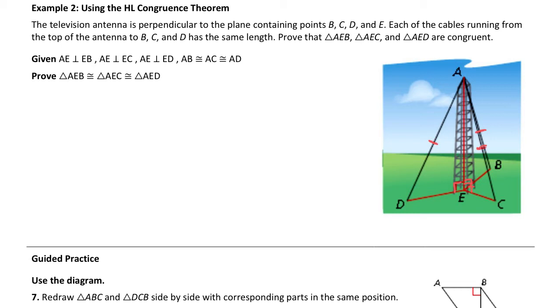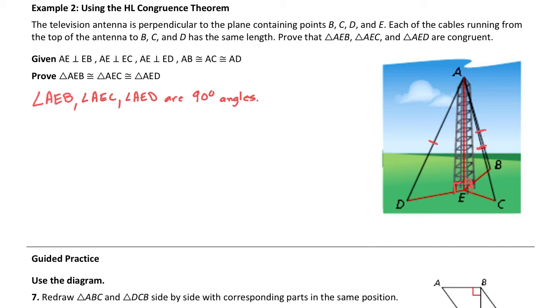So the fact that we're given those perpendiculars, we can say angle AEB, that's the angle in the back here, angle AEC, and angle AED are 90-degree angles. Okay? So those angles that form with the tower and the ground are all 90-degree angles.